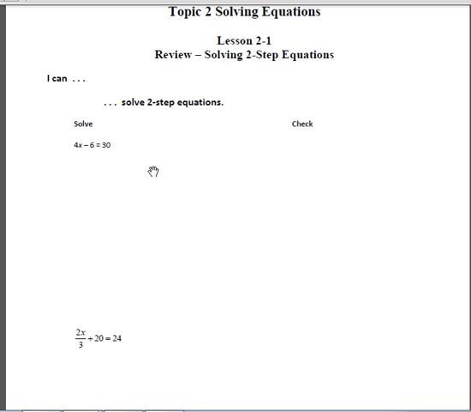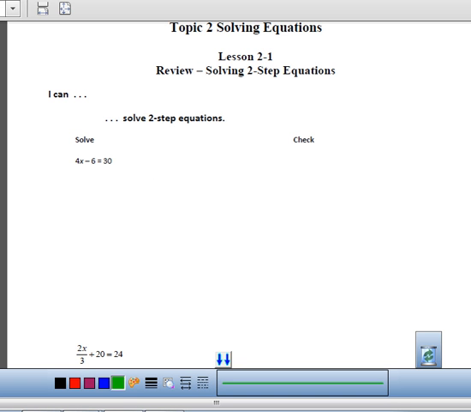The first thing I want to talk about, and I've mentioned this in math, is something called inverse operation. Write this down off to the side here. Inverse operation.